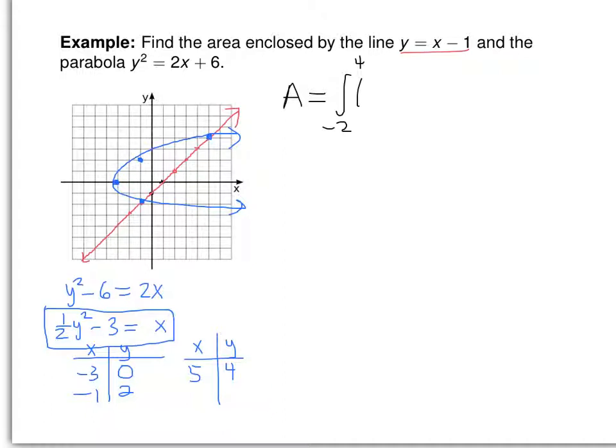So I have to take this line and translate it into x equals form. That's not very hard: x equals y plus 1. So we'll have y plus 1, take away the lower curve we already have, x isolated, 1/2 y squared minus 3.